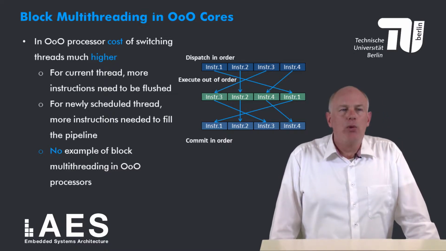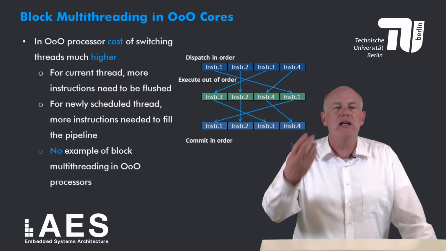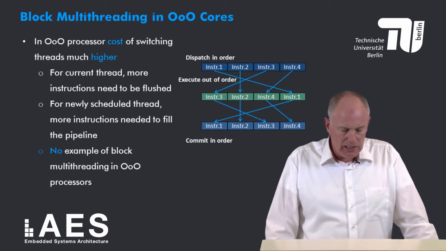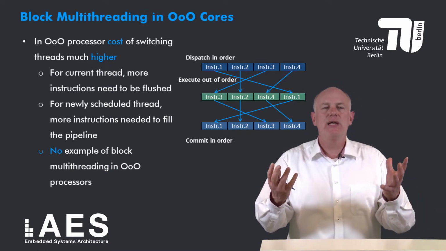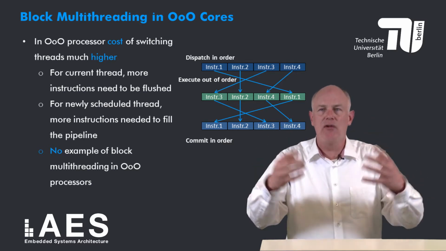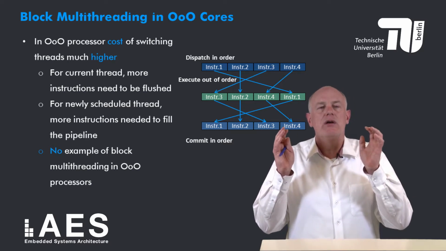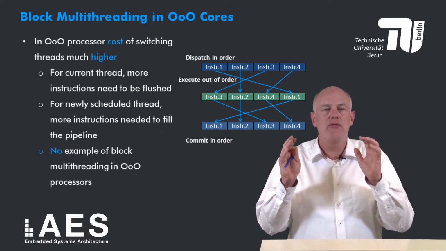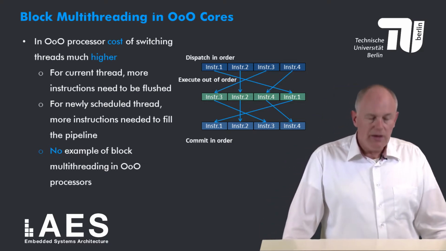Can we implement block multithreading in out-of-order cores? In an out-of-order core, because we issue several instructions every cycle, the cost of switching threads is much higher, because the number of instructions in flight at a certain time is much higher, and the number of instructions that need to be flushed for the current thread is much larger.